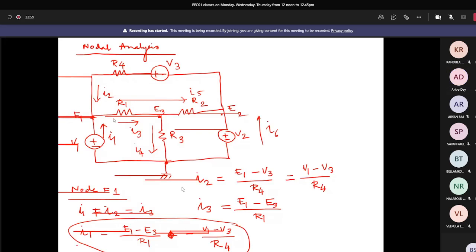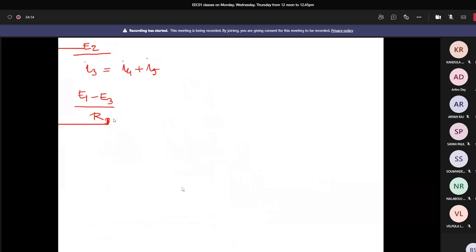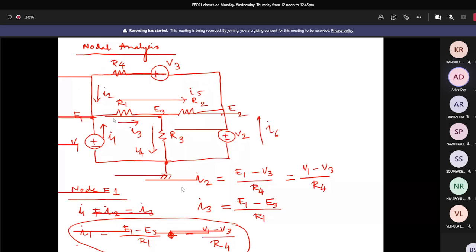Sir, it should be the node. I3 is equal to E1 minus E3, no? I3 is the current flowing from E1 to E3. So it should be E1 minus E3 divided by R1, no?